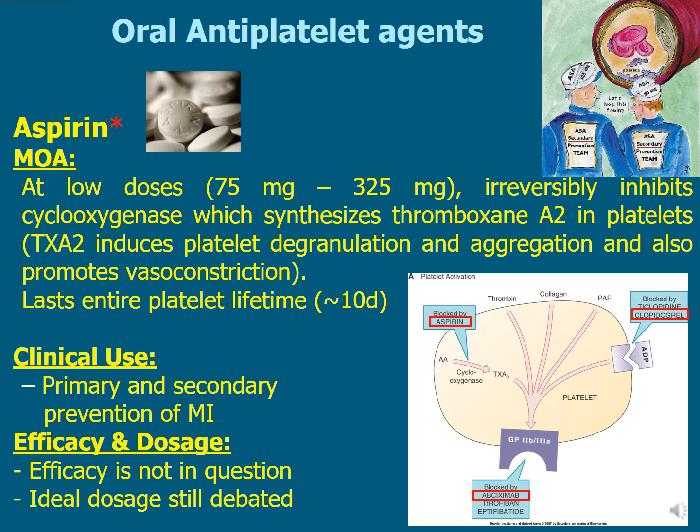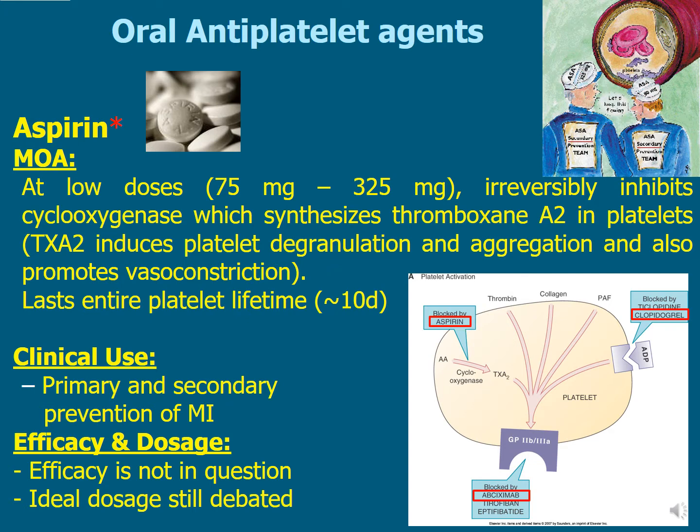And then clinical use: primary and secondary prevention of MI. So patients who are at risk of developing an MI or patients who survive an MI are going to be taking aspirin for life. And the efficacy is not in question. What is still debated is the dosing. But you can see the dose range between 75 and 225 milligram for the antiplatelet property.